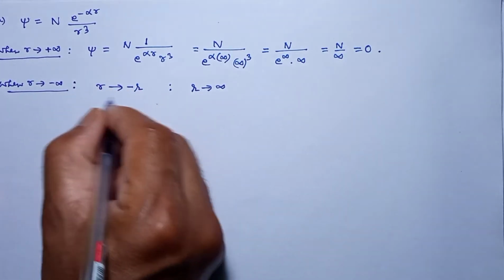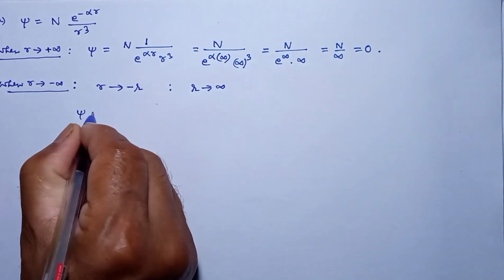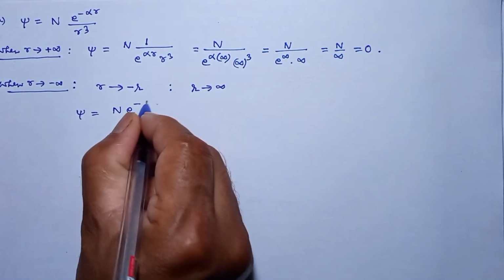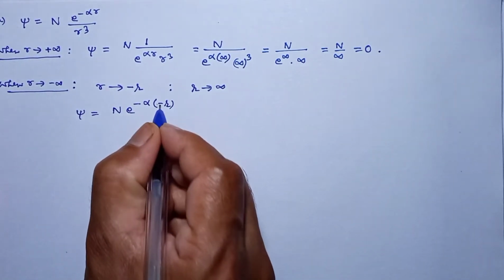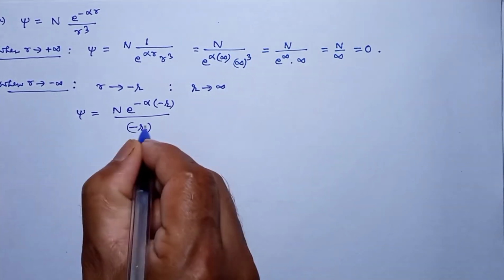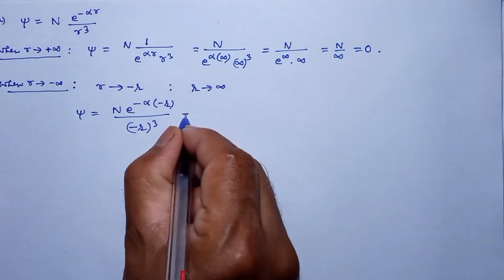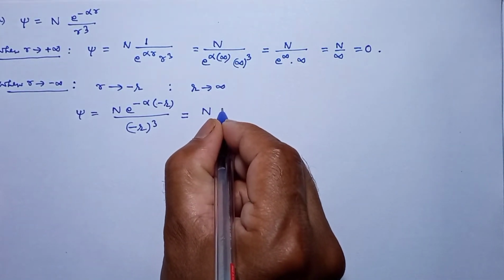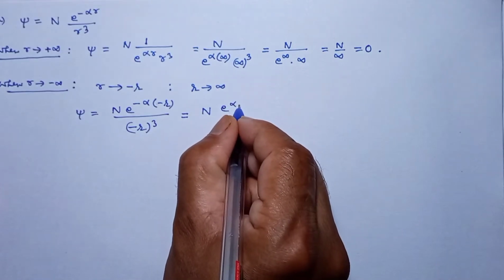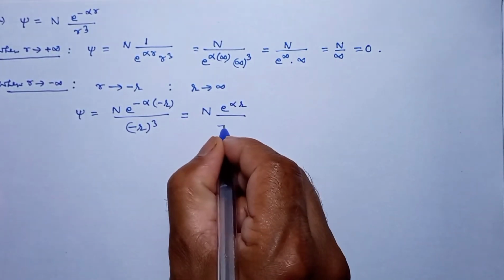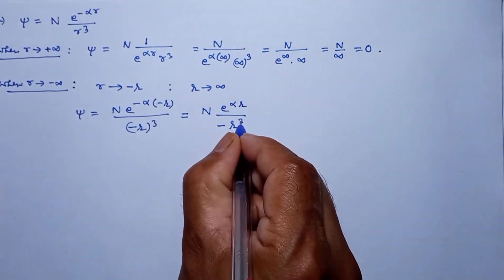Then when we change it, psi becomes N e raised to minus alpha multiplied by minus R, and this becomes minus R to the power 3. So N times e raised to plus alpha R divided by minus of R to the power 3.